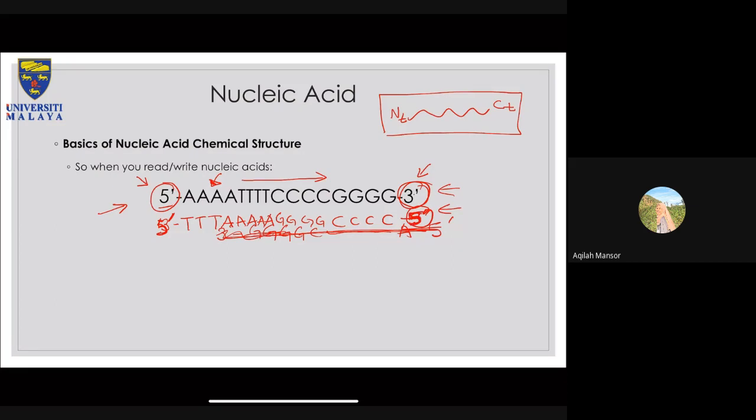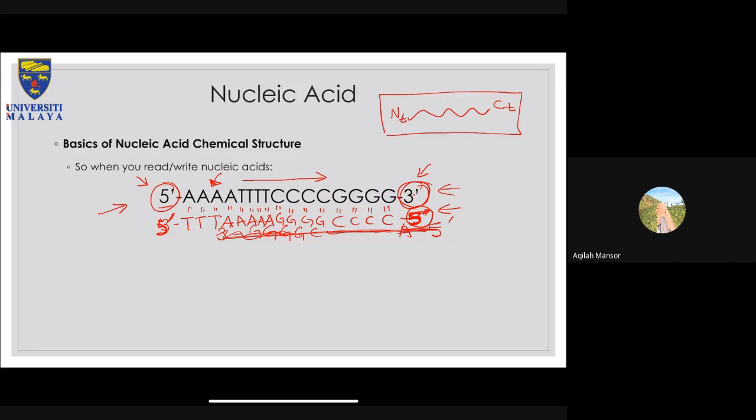So a 3' pairs with a 5', the sequence pairs as I mentioned. Guanine always pairs with cytosine, and thymine always pairs with adenine. So the pair is always complementary. If it's A, then it becomes T. If it's T, it becomes A, and so on.